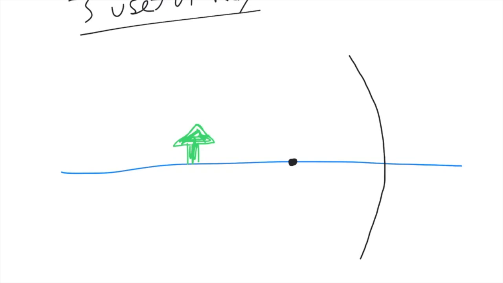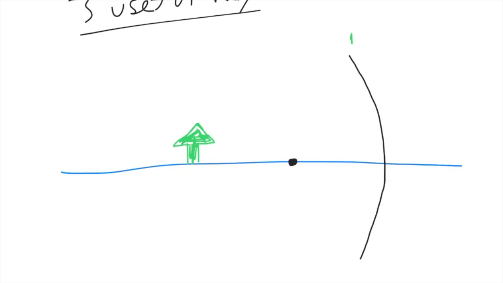So now we have an object. That green arrow is just something that's sitting in the light, and it's reflecting light in all different directions. There's light going every single direction you can imagine. And some of that light is going to bounce off of that object and hit this concave mirror that I've drawn right here. So some light is going to hit and bounce off of the top of it.